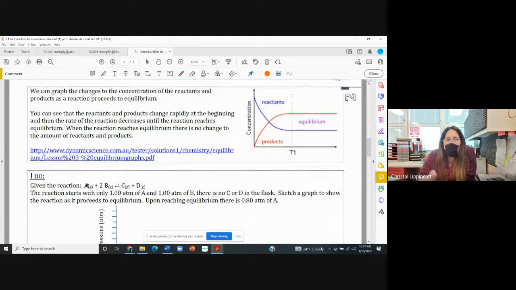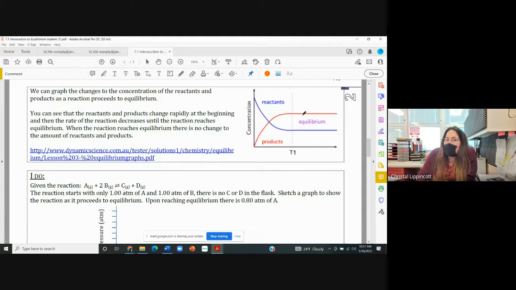We can graph the changes to the concentration of the reactants and the products as the reaction proceeds to equilibrium. So typically, you will start out a lot of times with 0 products, and you'll have some amount of reactants. The amount of reactants will diminish as you are forming the products.